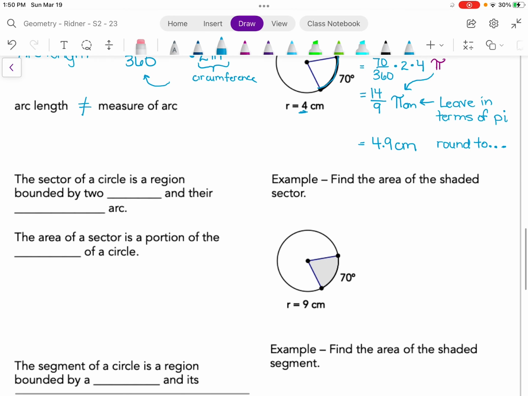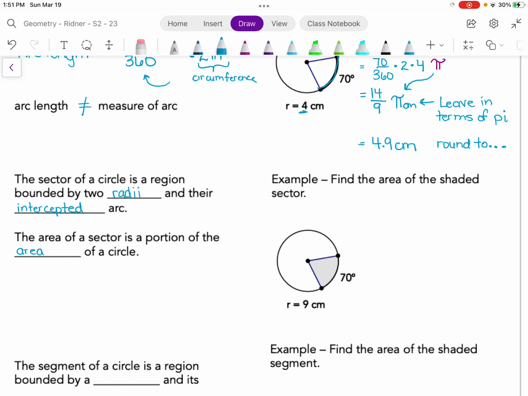All right, the sector of a circle is a region bounded by 2 radii, that's the plural for radius, and their intercepted arc. Okay, so the area of the sector is the portion of the area of the circle.